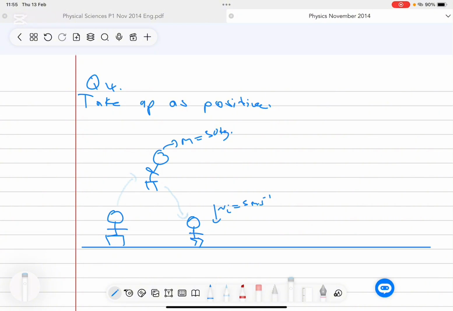Remember that when she is landing here and she bends her knees, she is still in motion. That is to say that there will be some initial time here, ti, because at some point she will actually land and stand straight, where now the time will be 0, and at this point her final velocity would be 0 meters per second. She will completely stop at this stage.